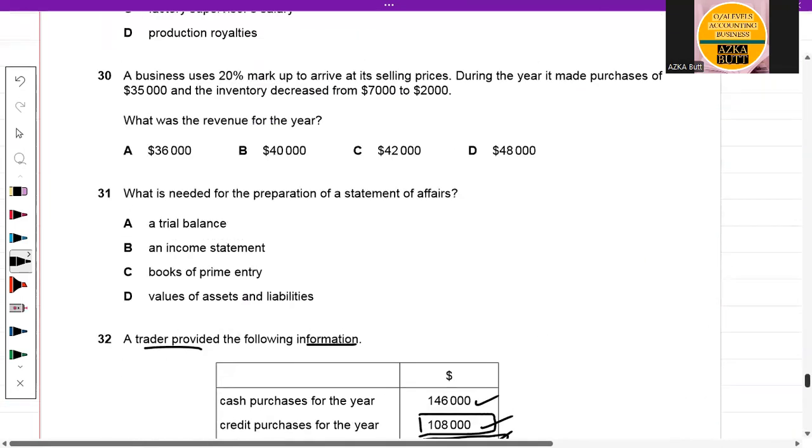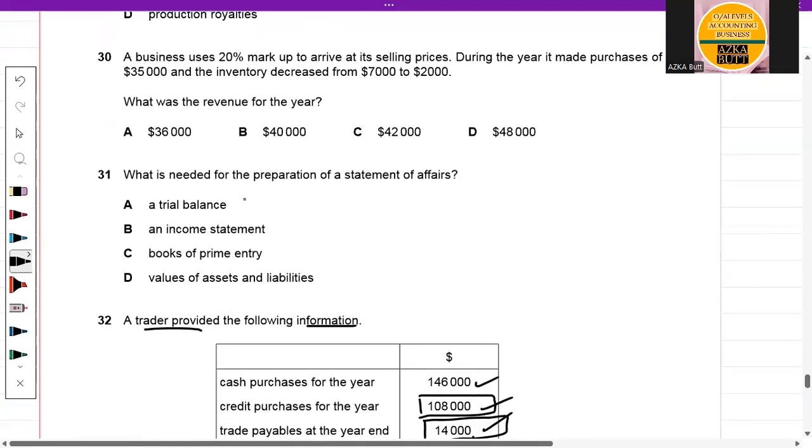So now move forward. What is needed for the preparation of the statement of affairs? For statement of affairs, we know that this is for incomplete records, and they are not maintaining the double entry system.